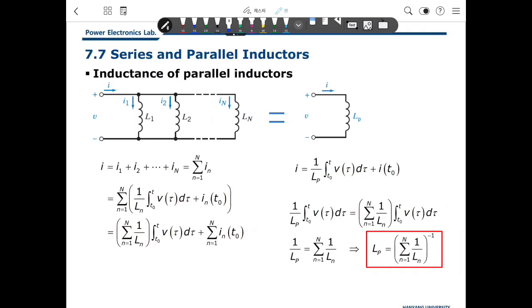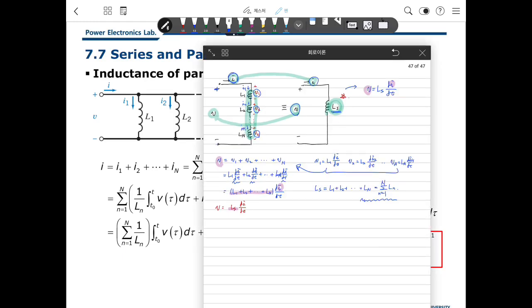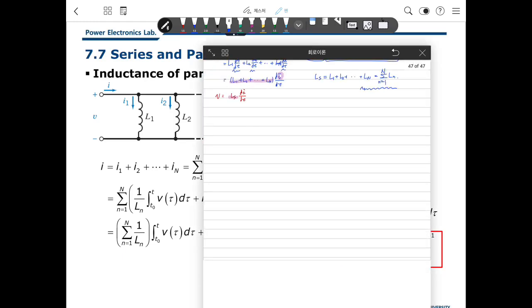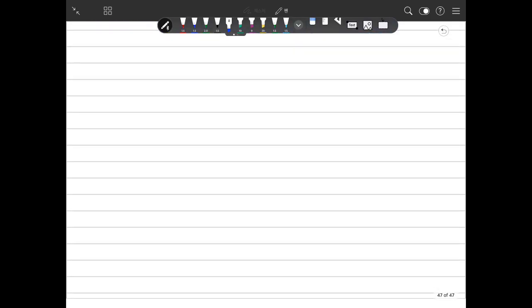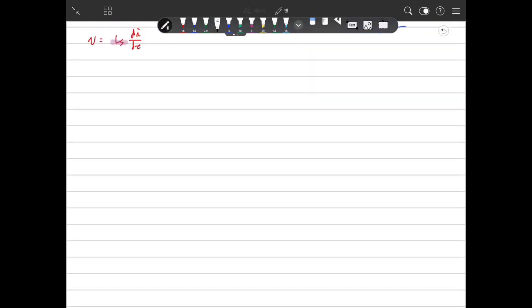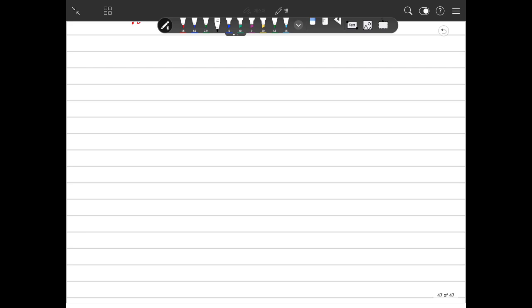In the case of parallel, it's very similar to that. In the case of parallel, this is a voltage here. There is one inductor here, an inductor here, an inductor here.